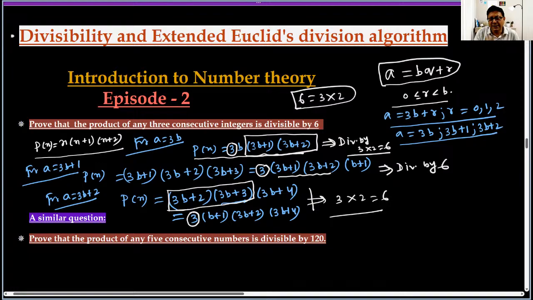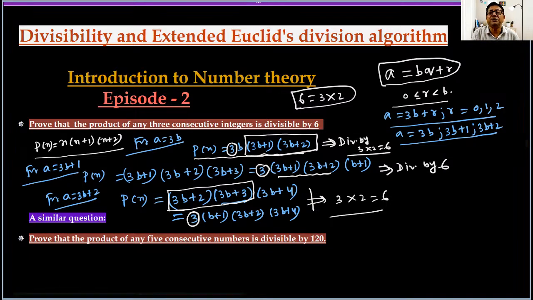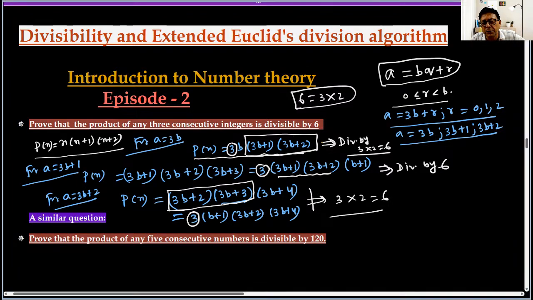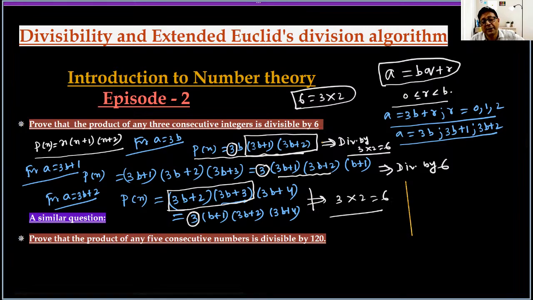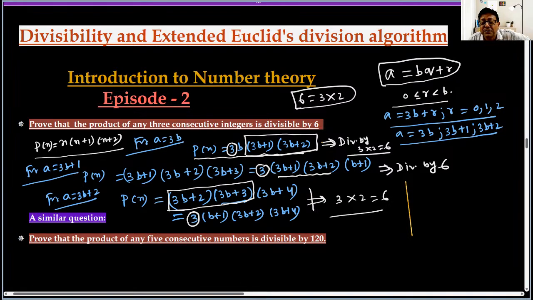And one more thing I would like to discuss with you. In this case, there is a common statement which you can use to prove divisibility. What is that common statement? Product of two consecutive integers is divisible by 2.